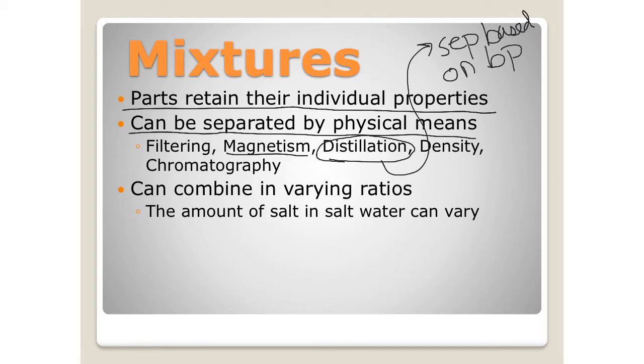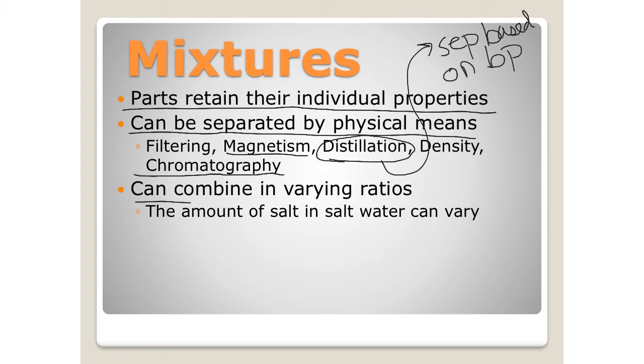Density, so things can layer out, and chromatography, which you should have talked about in living environment, like you probably did the lab where you put the dot of the marker on the piece of paper and then the different dyes separated out based upon their polarity. And we'll talk more about that later on in the year.